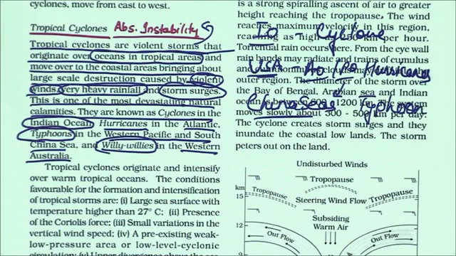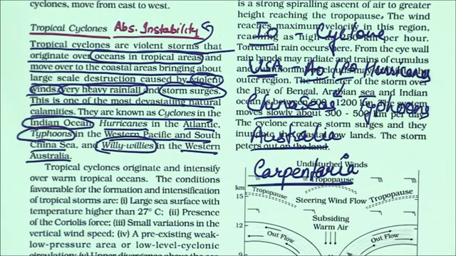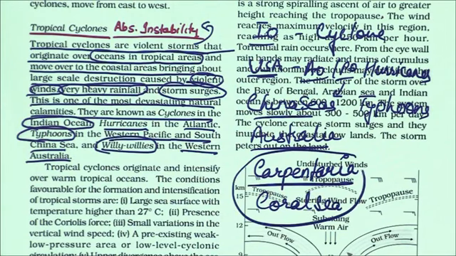And additionally, what NCERT gives us in Australia, the marginal water bodies to be seen here are the Carpentaria Gulf and the Coral Sea. These are not that popular examples, but they are also there, and we call it Willy Willies.